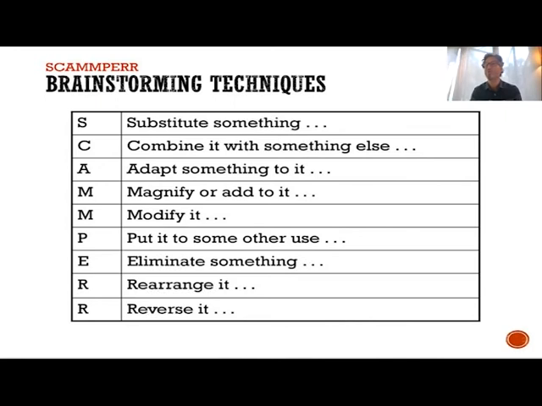What can we add to either make it better or work more quickly or more efficiently? Adapt something to it. What can be added to it to make it look better, to make it work faster? Magnify or add to it. Enlarge something that's already there, or change it in some way, which is modify.